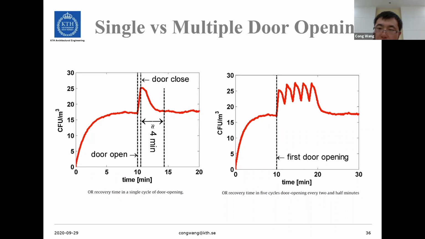Because we have these very frequent openings, the operating room ventilation system does not have enough time to recover the original contamination level. Therefore, if we measure the airborne contamination in the operating room, we can get a very high contamination level due to the cumulative effect of frequent door opening.